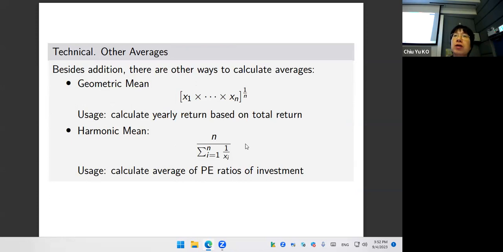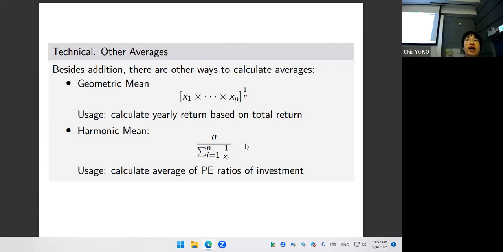Okay. And the next two try to give you some idea of other means that would be useful, but we don't cover them. The first one is the geometric mean. If you do finance, the geometric mean is more useful, because you consider multi-year returns. If you have reinvestment opportunity, it's not the average return that matters, it's the geometric return, because you reinvest.